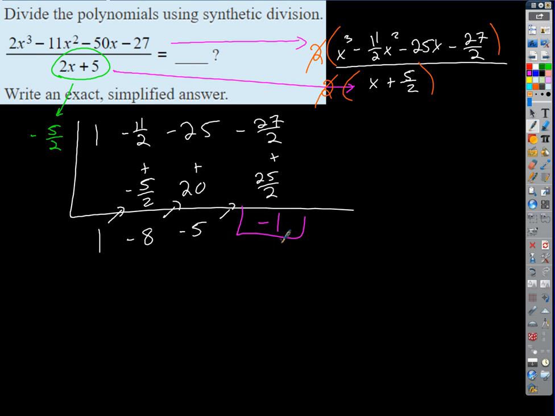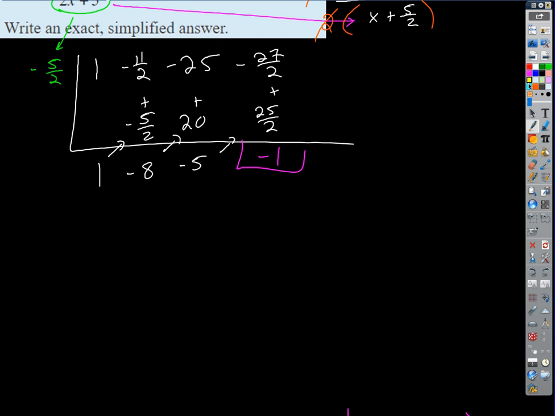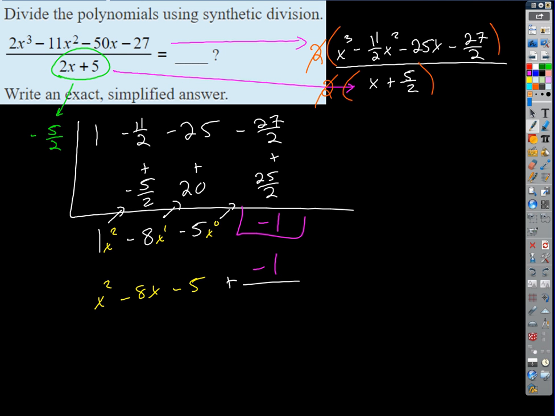So that tells me that's my constant coefficient of x squared. So I just get x squared minus 8x minus 5 plus negative 1 over 2x plus 5.